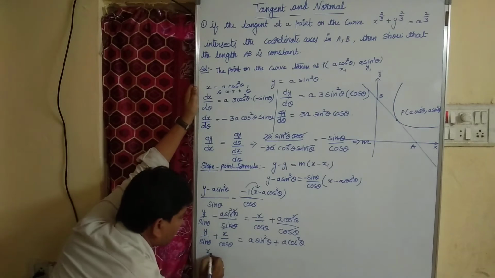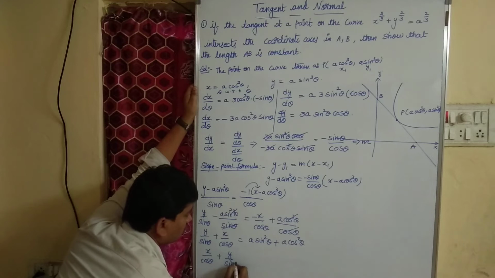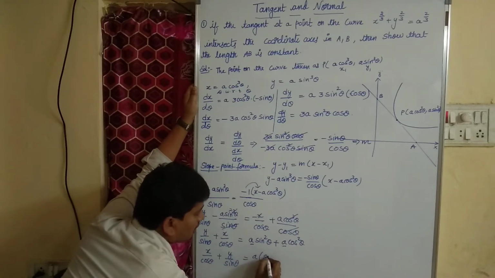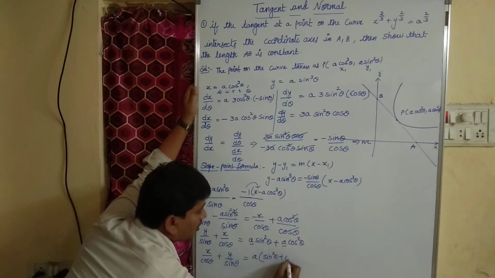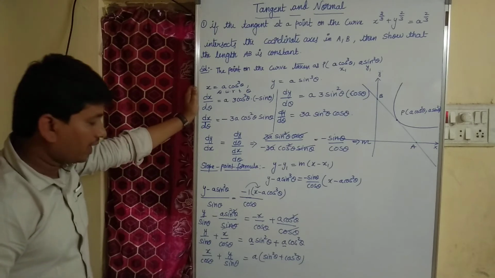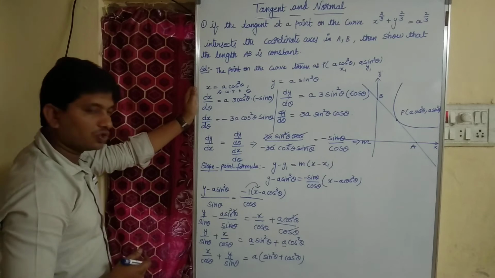So here I can write x by cos theta plus y by sin theta equal to, here I have a, let me take a common, I will get sin square theta plus cos square theta. Children, we know that the value of sin square theta plus cos square theta is equal to 1.